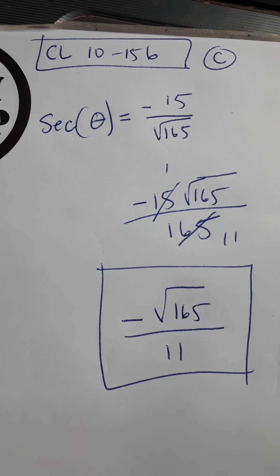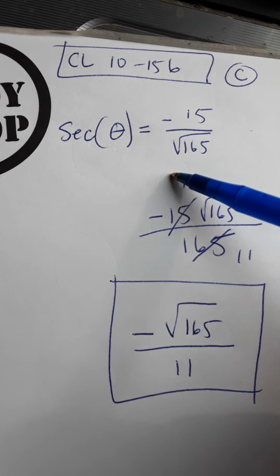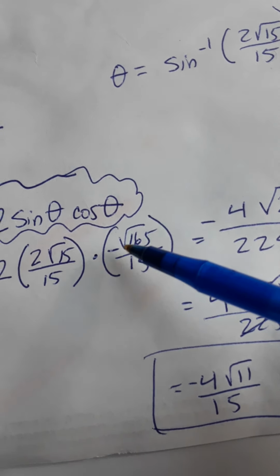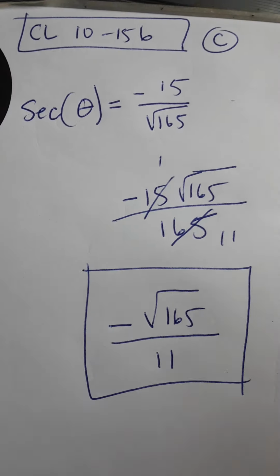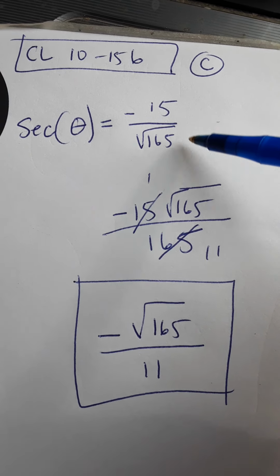they want secant theta. Secant is just cosine upside down. Remember, cosine was negative root 165 over 15, so I just flipped it upside down. Then it got a little weird because I rationalized.